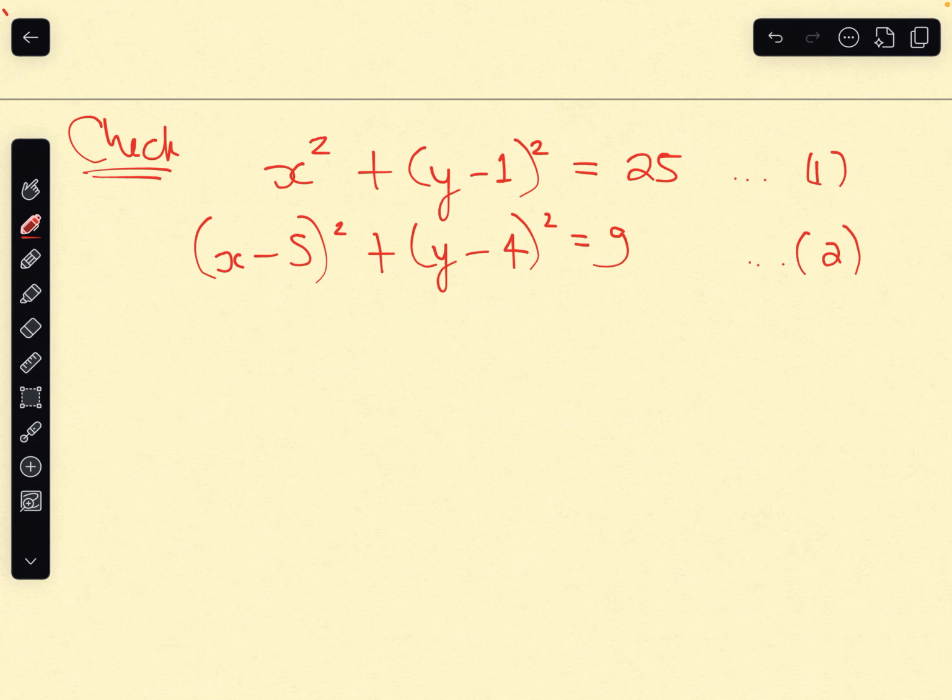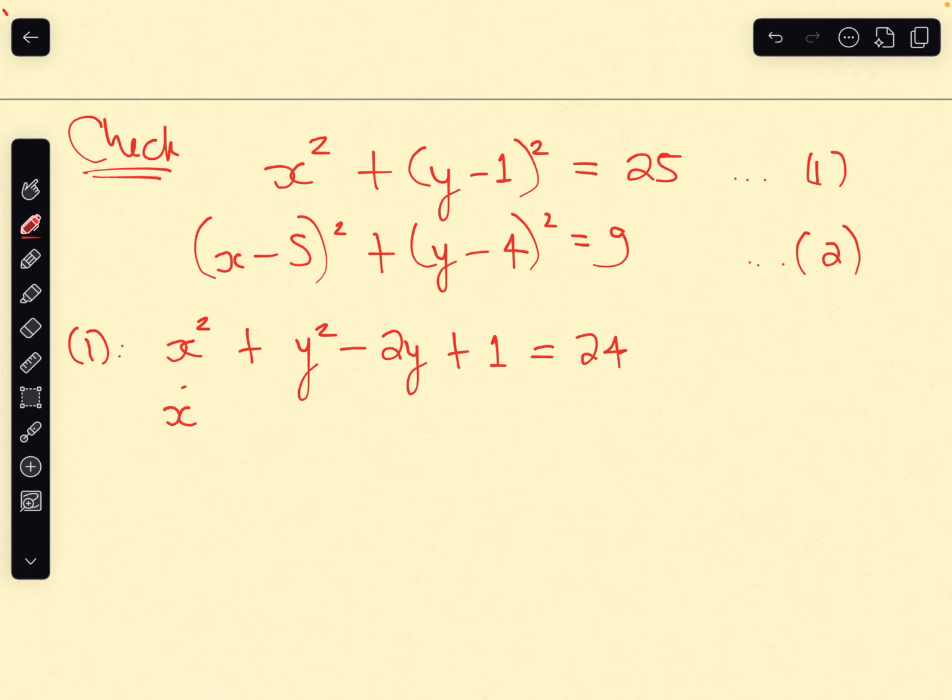So a general trick with solving simultaneous equations like these, specifically finding the points of intersection between two circles, is the following. You expand the left hand side of each equation. So for the first equation, it would be x squared plus y squared minus 1y minus 1y, so minus 2y plus 1 is equal to 24, and then that would be x squared plus y squared minus 2y is equal to 23, right?